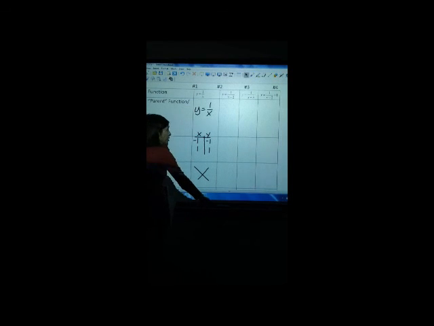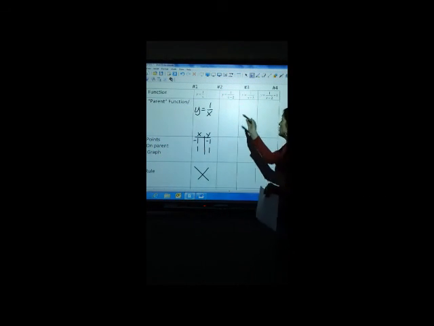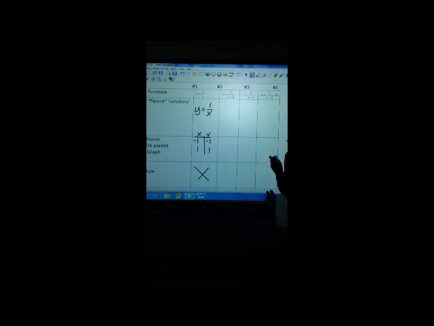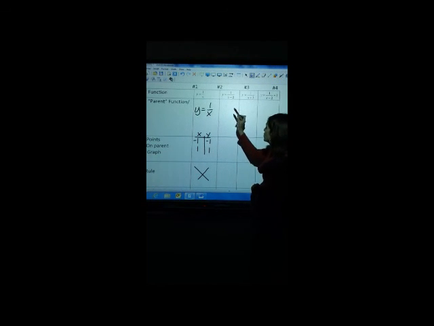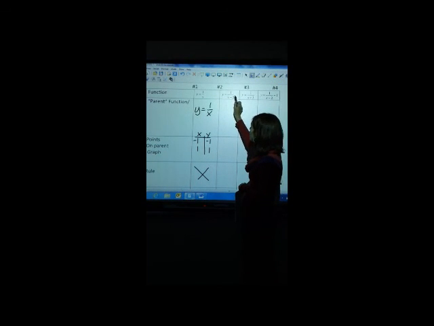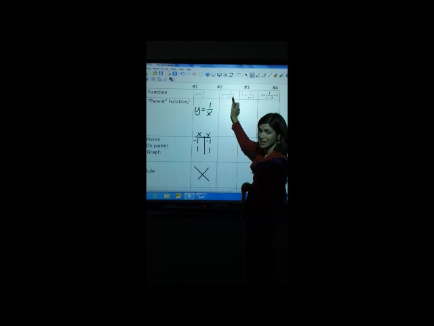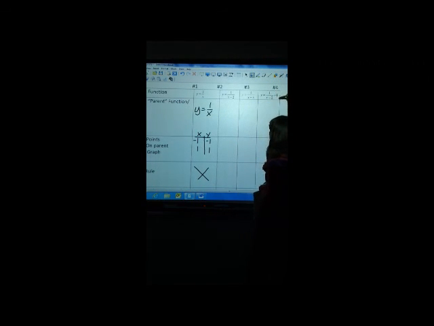Okay. So now let's look at how we're going to use this to translate graphs. y equals 1 over x minus 2. First thing you need to know is that inside will always be in the denominator, and outside would be outside the fraction. Okay, so inside, outside. You also need to know that this number over x is always going to be your parent.